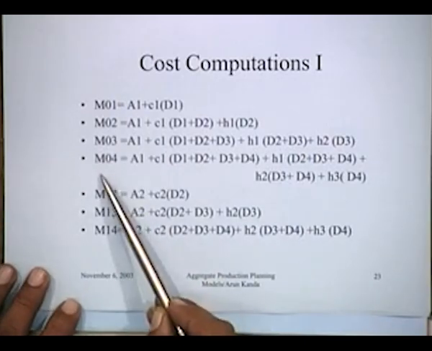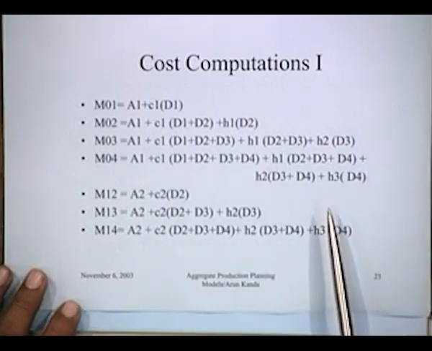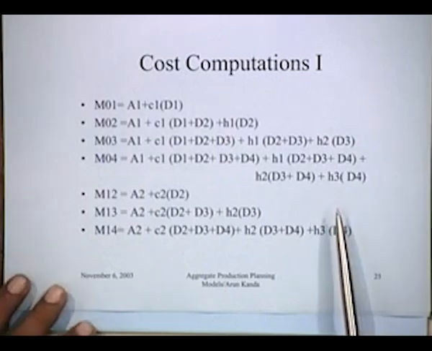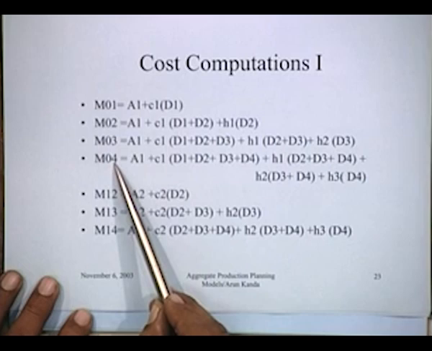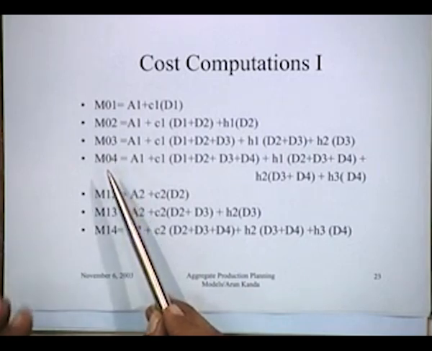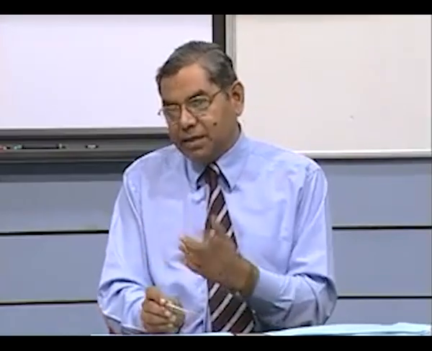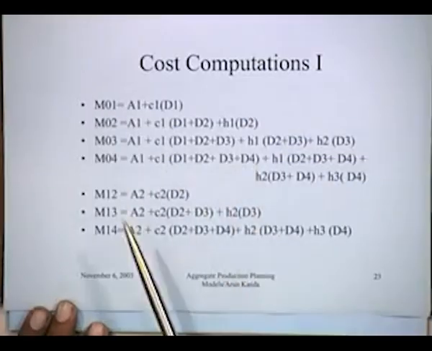And M04, which will be the lengthiest expression in the whole problem, let's see if we can understand that, because that would mean total clarity. M04 is the cost of producing in period 1 for the requirements of periods 1, 2, 3, 4. It's as simple. For the whole 4 periods, if you produce in the first period itself for the entire demand, that's what it is. A1 plus C1 into D1 plus D2 plus D3 plus D4.